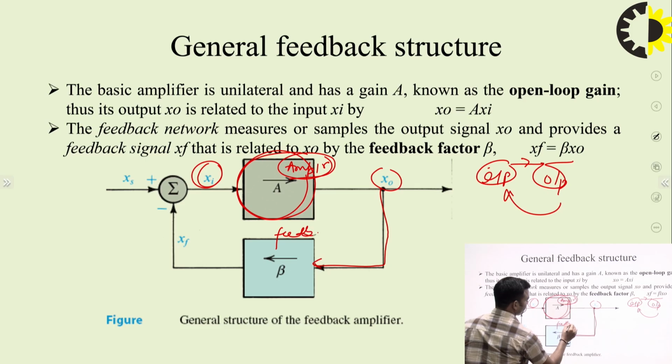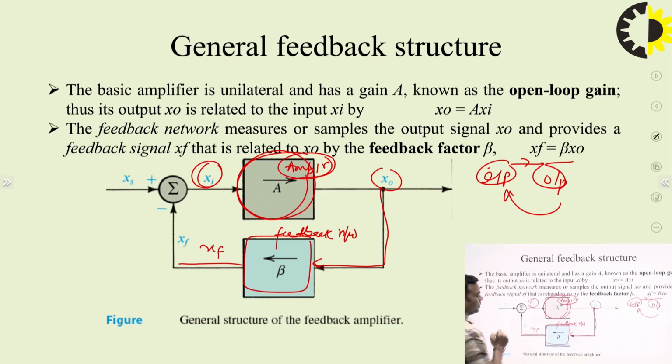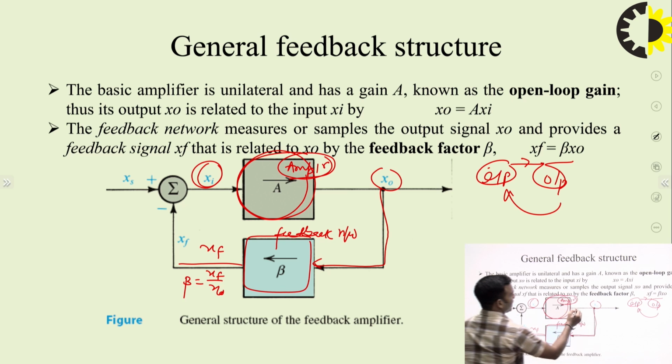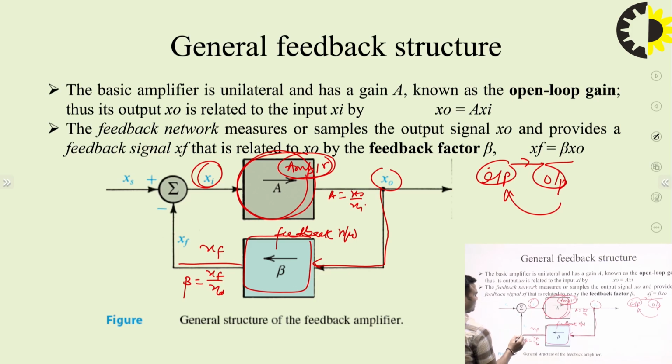The output of the feedback network will be somewhat less than x naught, and it is known as the feedback output. And this is beta. Beta is the feedback factor, which is equal to xf upon x naught, just like A is equal to x naught upon xi.